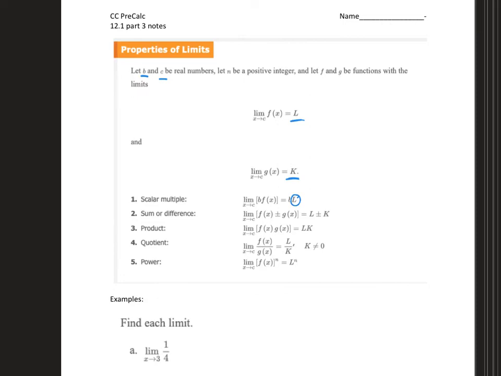Number three, product. If I'm multiplying f and g, I can just take the product of their limits. Number four, if I'm dividing f and g, I can take the quotient of their limits as long as k doesn't equal 0. And the power property says if I'm taking f of x raised to an nth degree, where n, remember, is a positive integer, then I can just raise the limit to that nth power and get the new limit.